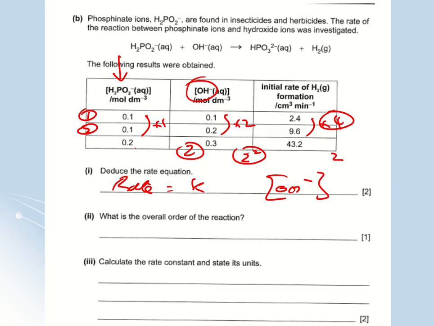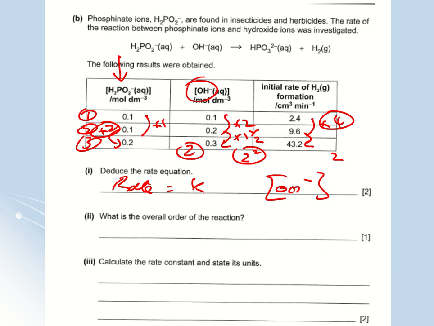How do they change? So let's take experiment 2 and 3. They have doubled there. The hydroxide ion has gone up by a factor of 1.5. And the rate has gone up by, let's work it out, 43.2 divided by 9.6.